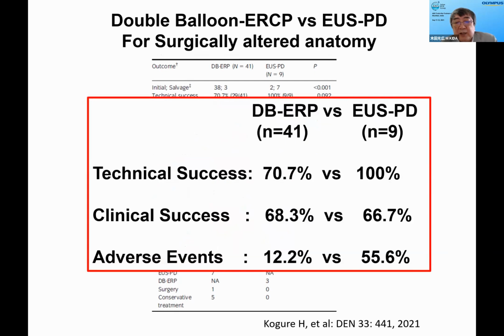The adverse event rate is high with EUS-PD. Then I think at the moment this selection is controversial. In our department, at first we try balloon endoscopy first. Then after that we employ EUS-PD. But this is up to the institution.